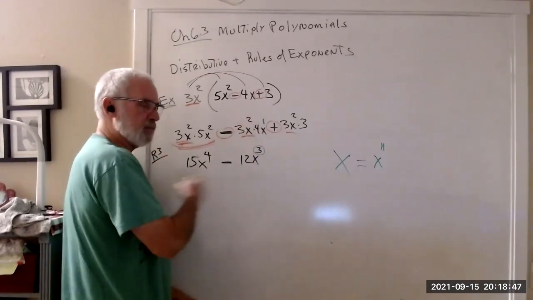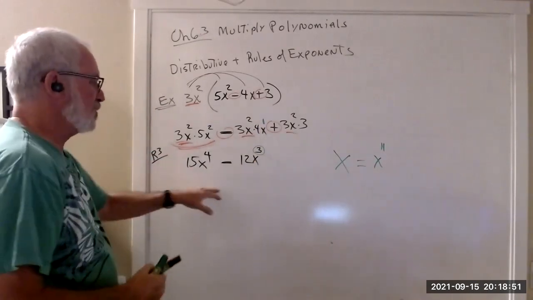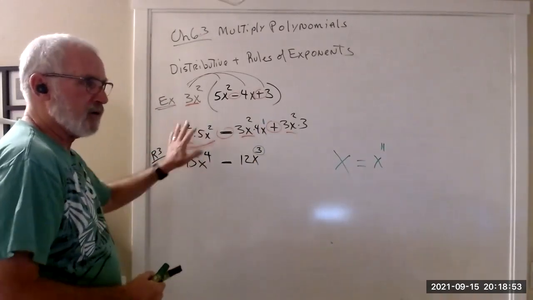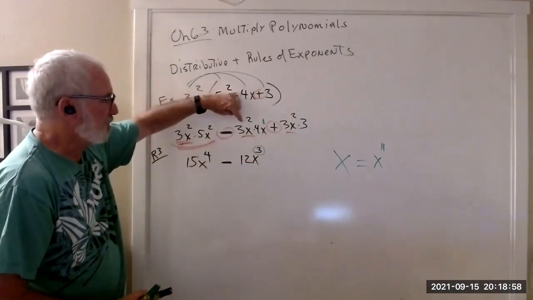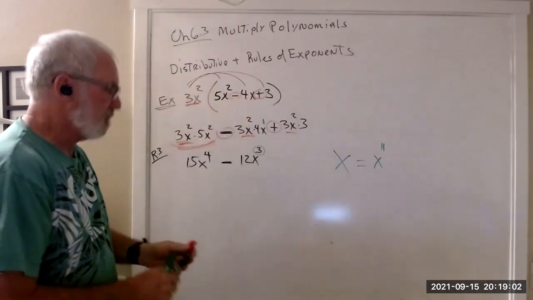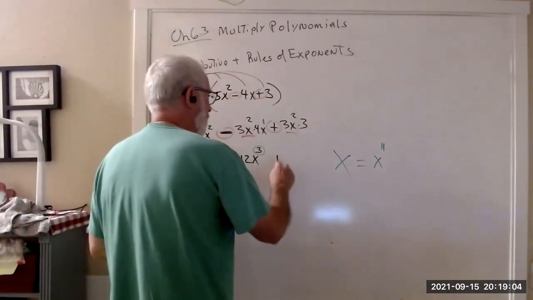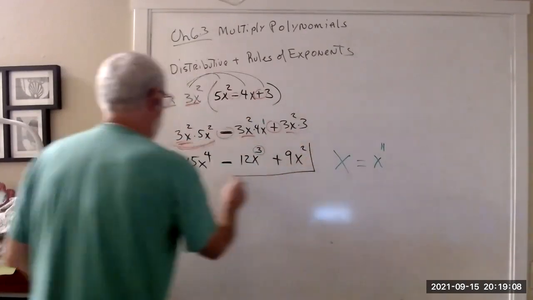Remember the 2 basic rules I had, x to the first and x to the 0 power? I had it right here and then I erased it. Well, that's what we're using right there. X to the second times x to the first is x to the third. Okay, bring down the plus sign. This is 9x to the second, and you're done.